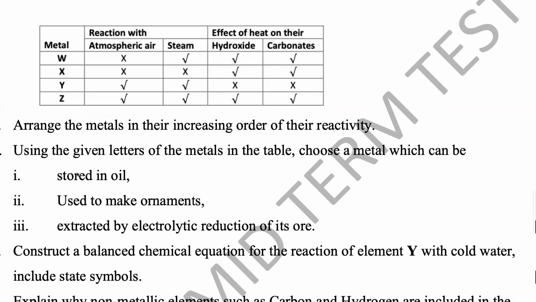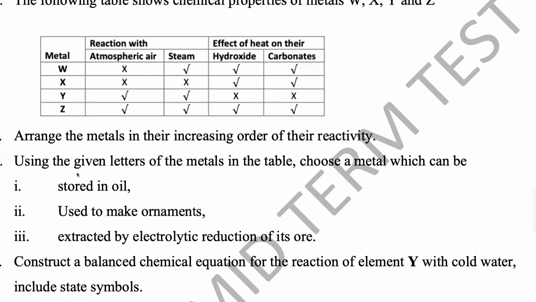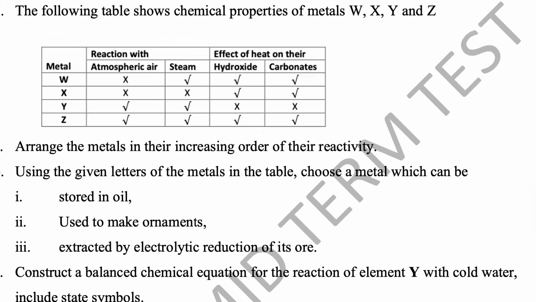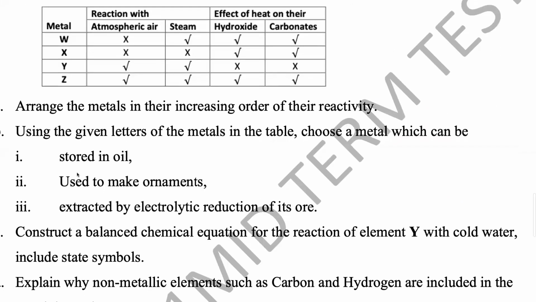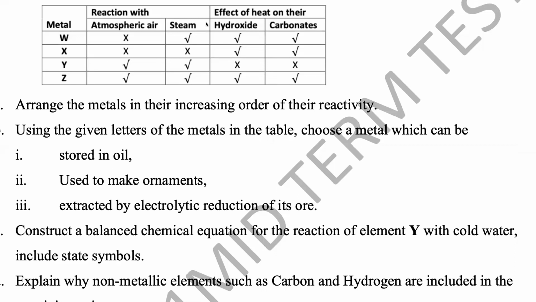It's just about the reactivity of these elements with the following, which are air, we know it's oxygen, and steam, as well as their thermostability. What type of compounds do they form? Are they stable enough that when you heat them, they do not decompose? Those are the things that the question is talking about. But above all, you also need to understand that when a box is ticked, it means that reaction is possible.